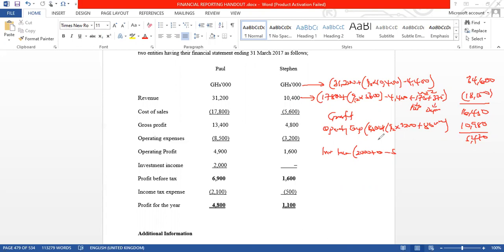If the question remains silent on it, then how do we know that all the 500 is for Steven, the parent? So if it remains silent, please, you have to take off the 500, and it's 70% that we have. So they said they pay dividend of 500.